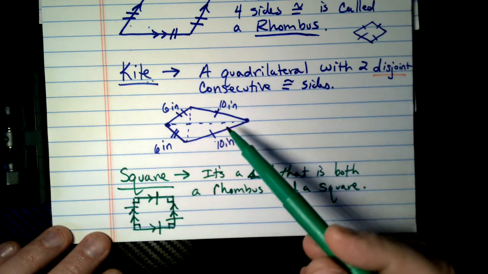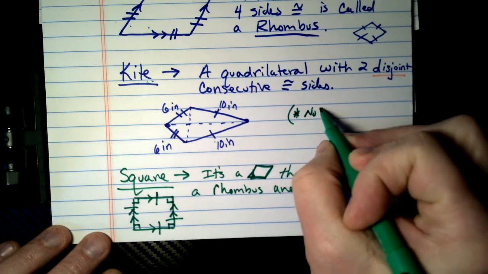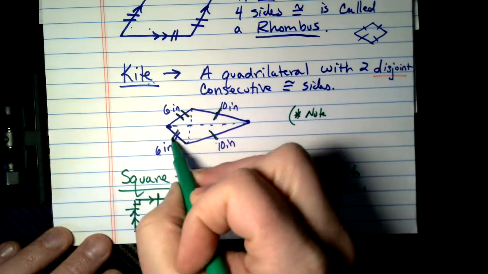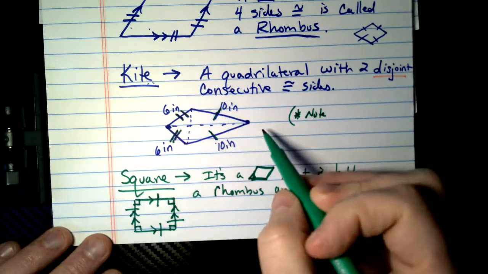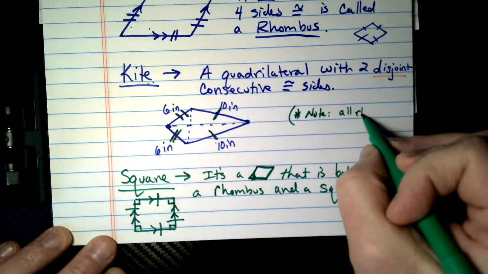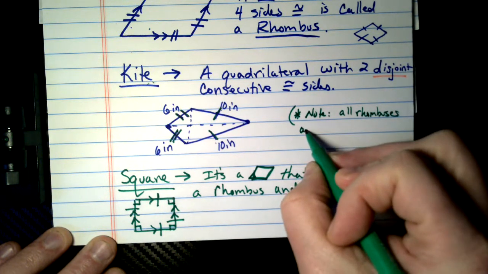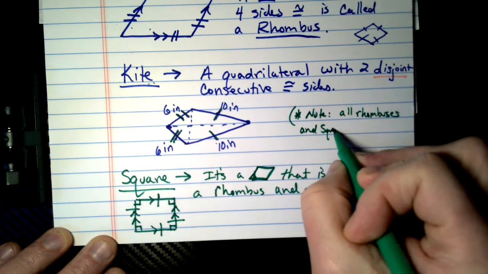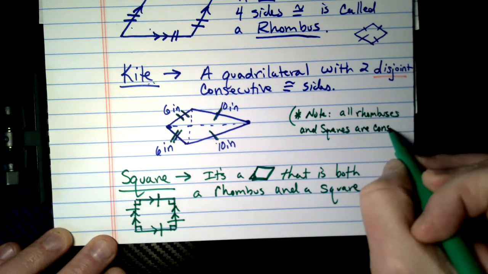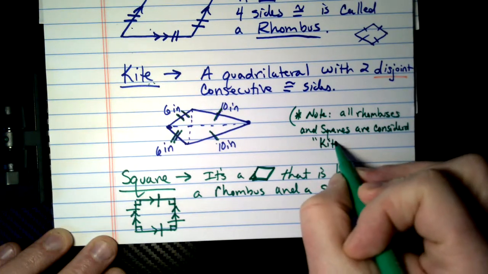All right. Let me backtrack to the kite for just a second. You got a note here. Because these 2 segments are congruent and those 2 are congruent, 2 on the left, 2 on the right, note all rhombuses and squares are considered kites.